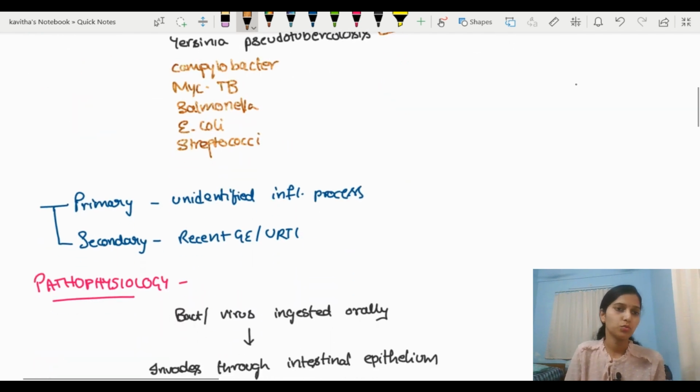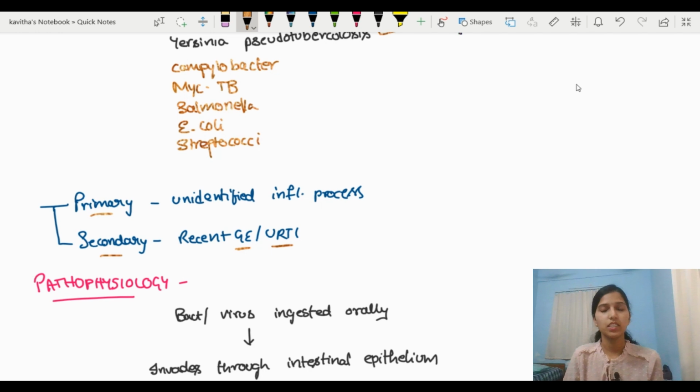It is classified into two types: primary and secondary. In primary, as you all know, the cause is not known, that is, an unidentified inflammatory process. Whereas in secondary, it is due to some intra-abdominal inflammatory process, like in case of recent gastroenteritis, and it may also occur after an attack of upper respiratory tract infections.